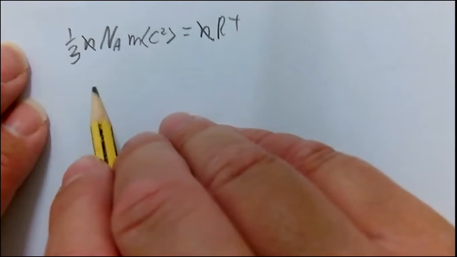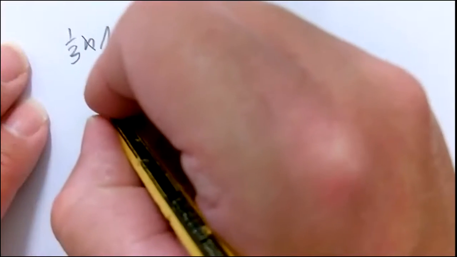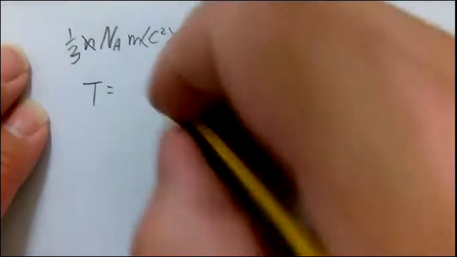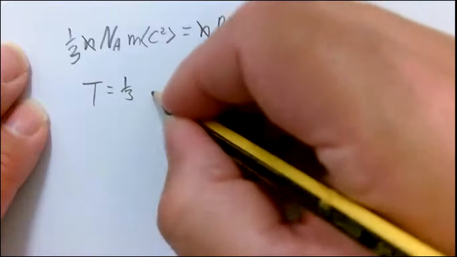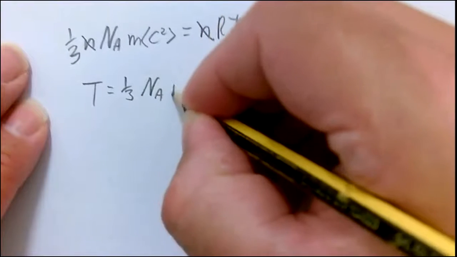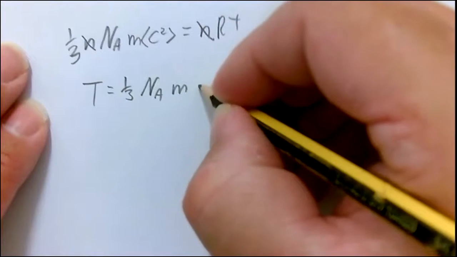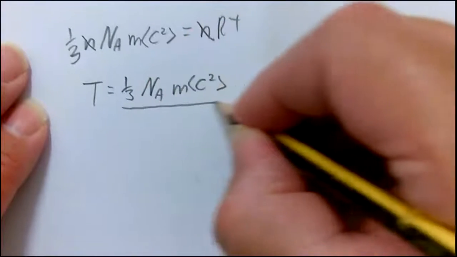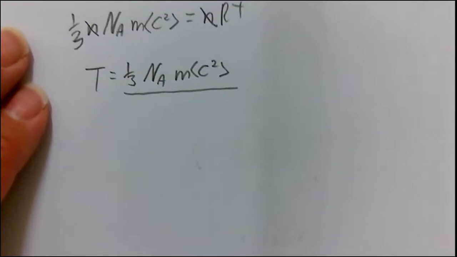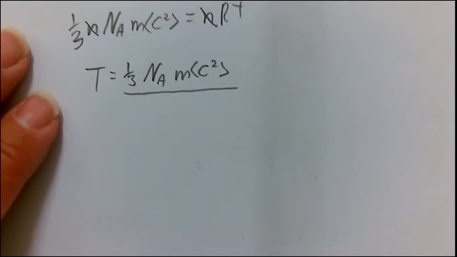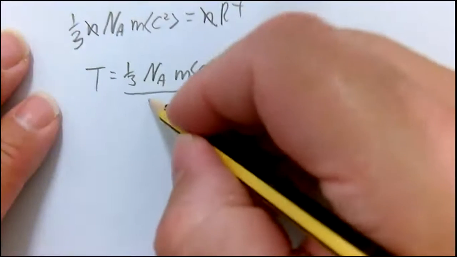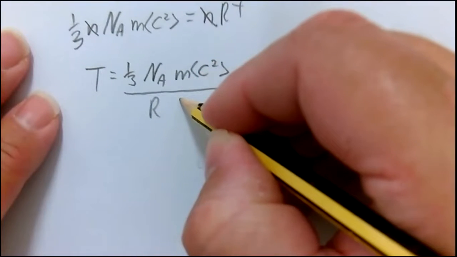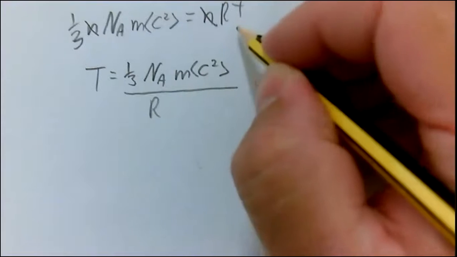And we can start to sort of play with this a little bit. Well, okay, if that's the case, the absolute temperature in Kelvin is going to be 1/3 times Avogadro's number times the mass of each particle times the mean square speed, divided by the gas constant R, and the absolute temperature stays there.